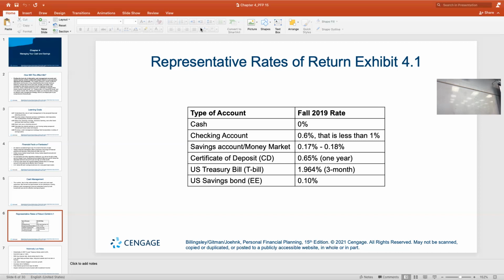So a lot of times if I'm thinking about buying a CD or just looking at the rates, you can Google CD rates. Bankrate.com is a good website, and they'll tell you what the CD rates are. And there's some online banks that will offer higher rates if you want to go that route. There's some reputable online banks these days.